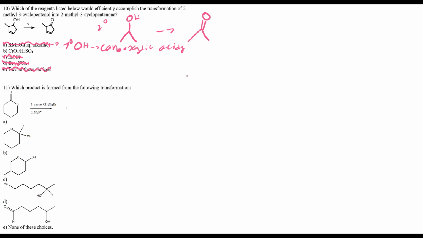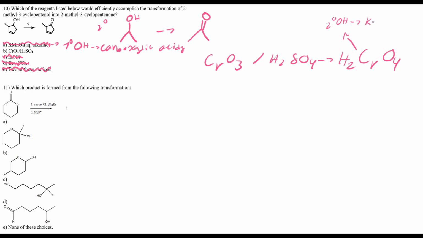Now, remember what I said about CrO3 with this? Well, technically, it just becomes chromic acid. That's just chromic acid. And chromic acids make secondary alcohols into ketones.